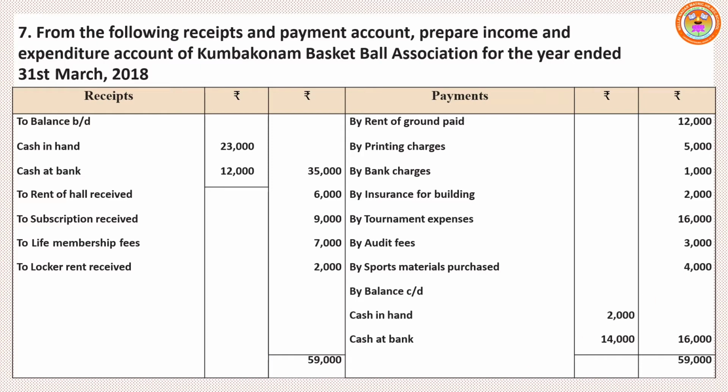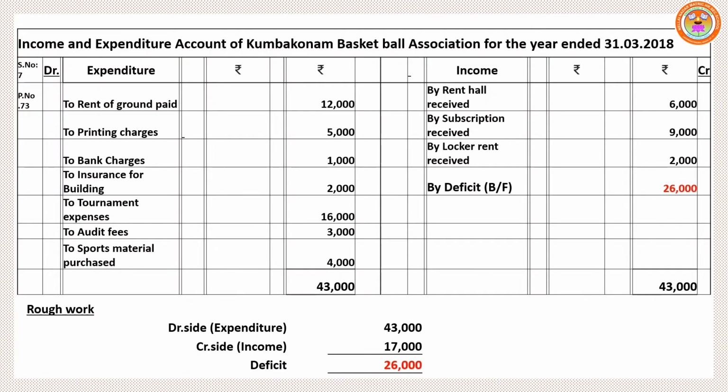Let me see how to do this answer. Write the heading: Income and Expenditure Account of Kumbakonam Basketball Association for the year ended 31st March 2018. Create the columns: debit side expenditure, credit side income. Then keep your textbook with you. No opening balance, so omit that one.